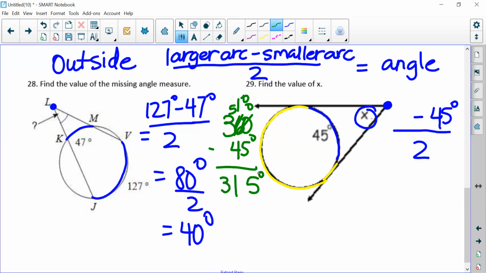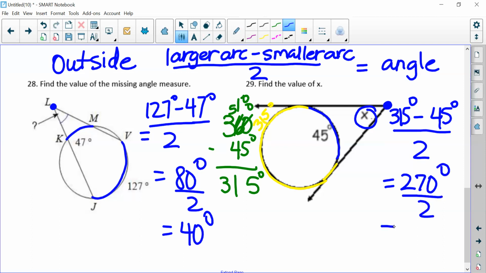And you'll be able to determine that the measure of your larger arc is 315 degrees. So we're going to do 315 minus 45, divided by 2. 315 minus 45 is 270.